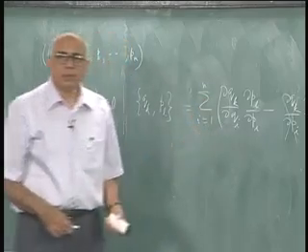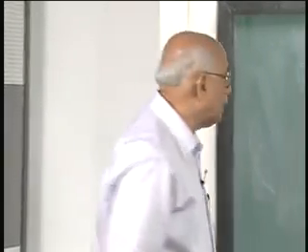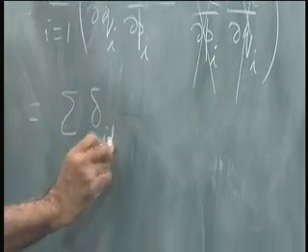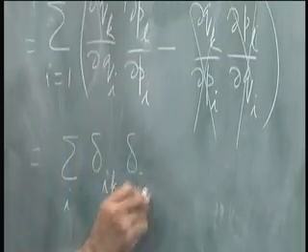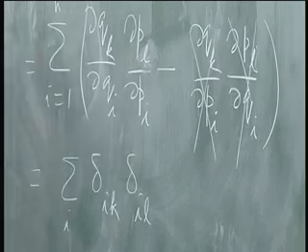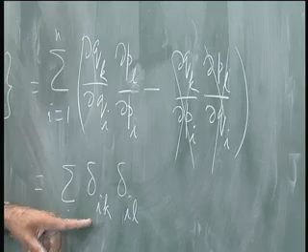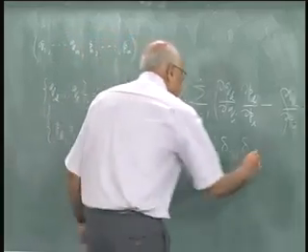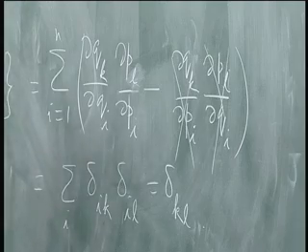When is this term equal to a non-zero quantity? When k equal to i, otherwise it is 0 because these are independent variables, therefore this is equal to the summation over i of Kronecker delta ik, and this of course is Kronecker delta il, and you have to sum over all possible i's. This is going to be 0 unless k is equal to i, this is going to be 0 unless l equal to i, the free indices here are k and l, and therefore this is equal to delta kl, just the Kronecker delta of k with l.